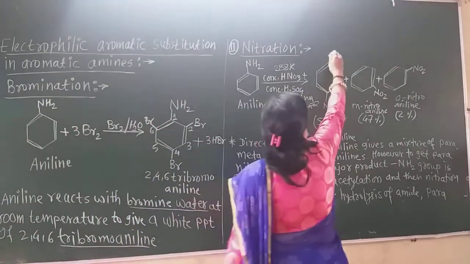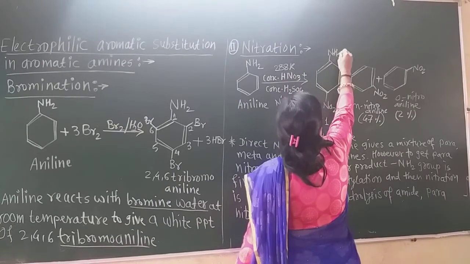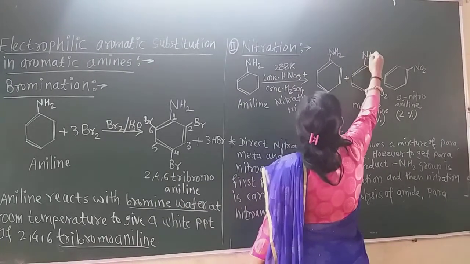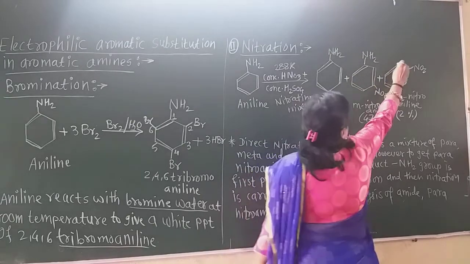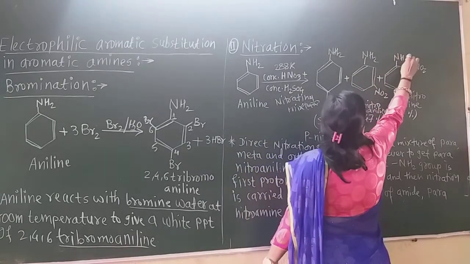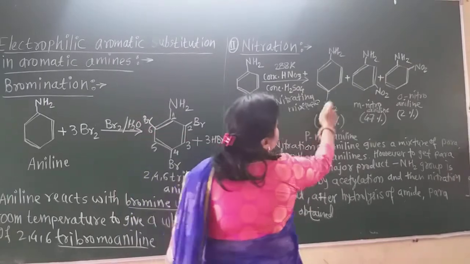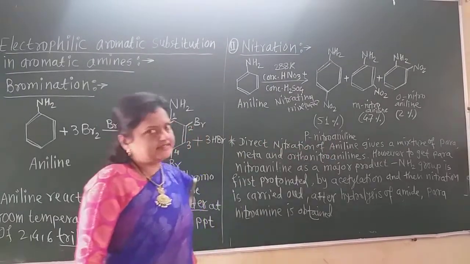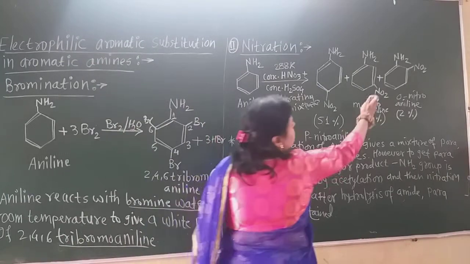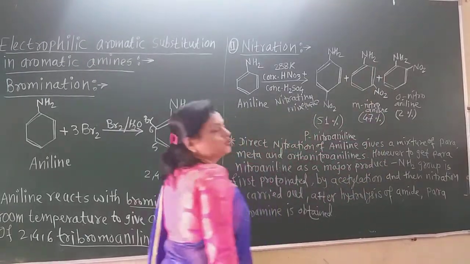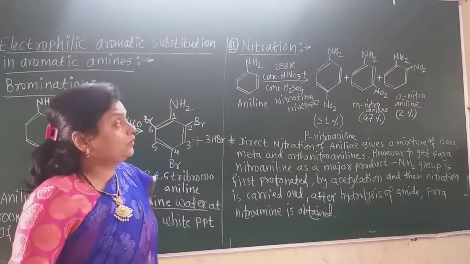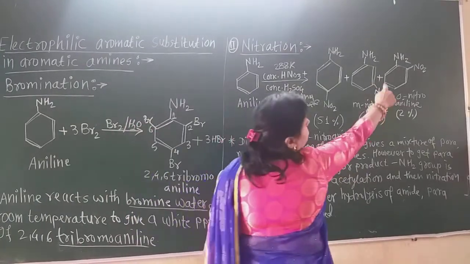Here the NH2 group is in all the products. This is at the para position to the NH2 group, so this is para-nitroaniline. This is at the meta position of the NH2 group, so it is called meta-nitroaniline. And this is the ortho-nitroaniline.